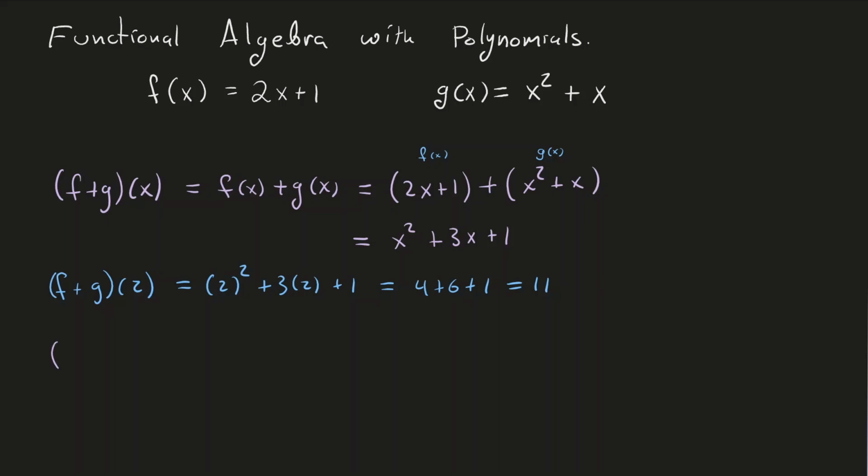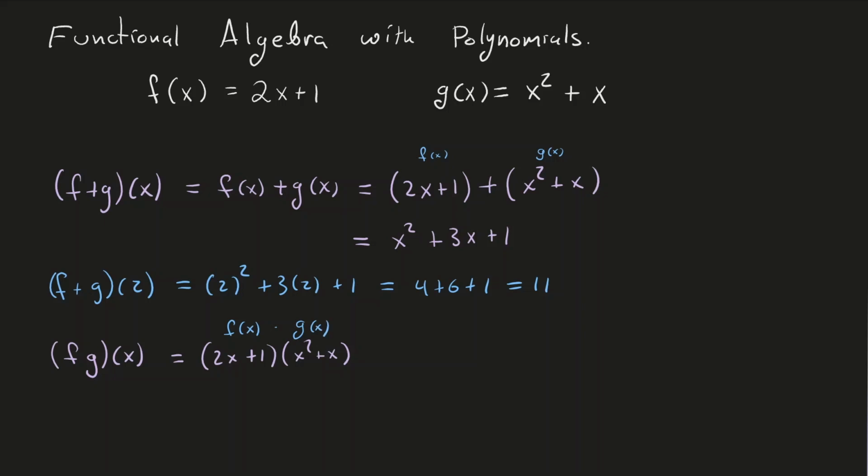Likewise, if we were to do multiplication, f times g of x, so this is going to be equal to (2x + 1) times (x squared + x), which in this case is our f of x times our g of x.